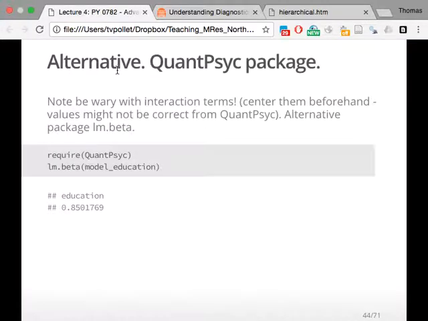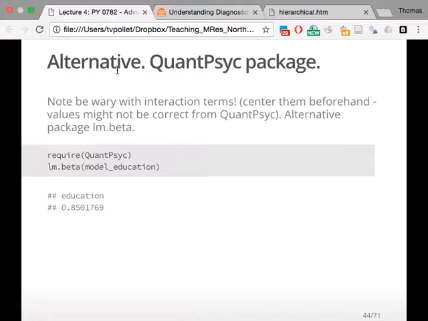As always, there are other ways to do this. One package does it quite handily, so you don't have to use the scale command. It's QuantPsyc. Be wary that if you use this package or other things when you calculate betas for interaction effects, if you don't center things, things will become quite muddy quite quickly.